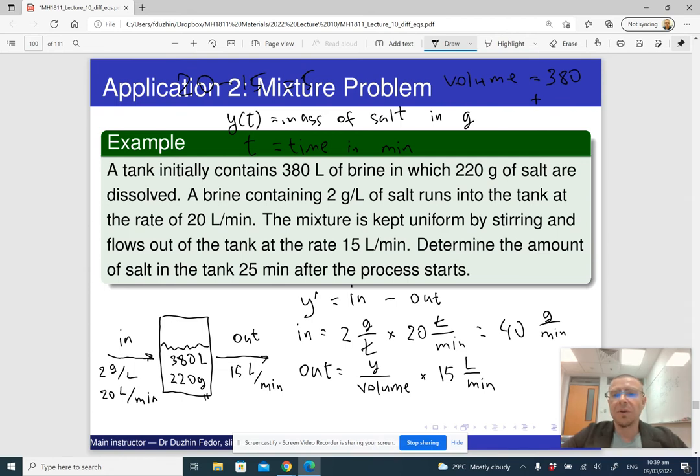So the volume t minutes after the beginning of the process is going to be 380 plus 5t. If t is 1, then there are 5 more liters. If t is 2, then there are 10 more liters than initially, and so on. In particular, 25 minutes after the process starts, we are going to have 380 plus 5 times 25 liters of the mixture. So this is the volume.